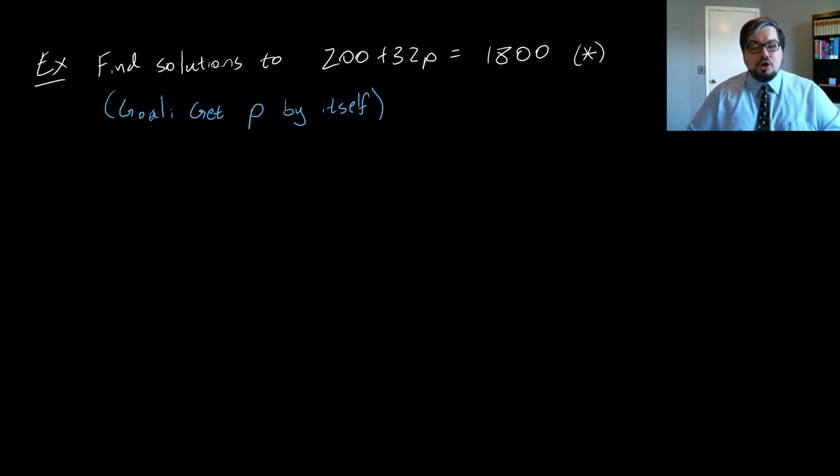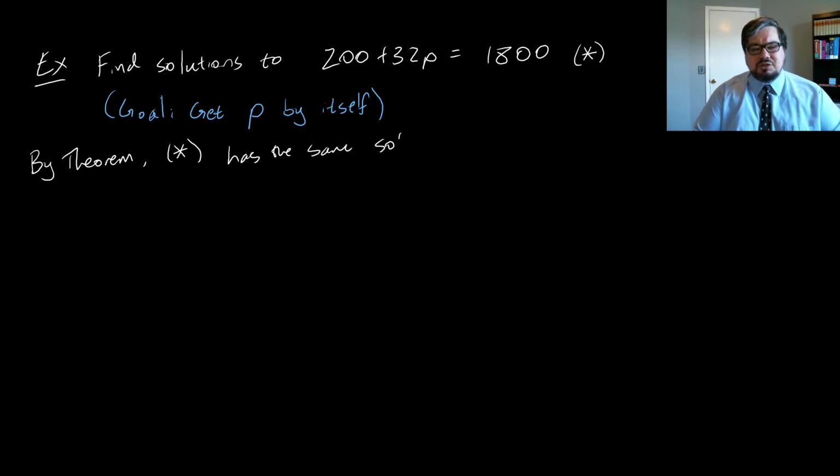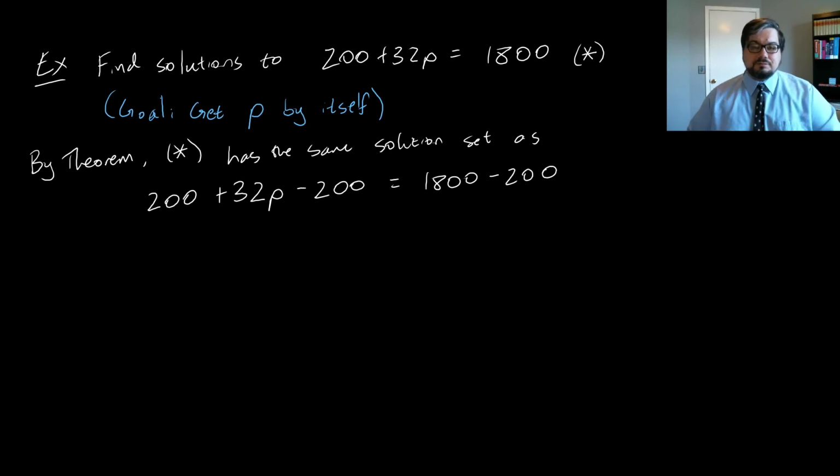So, by the theorem, the first thing I'm going to do is say that star has the same solution set as the following. I'm going to take the same equation, but I'm going to subtract 200 from both sides of the equation.